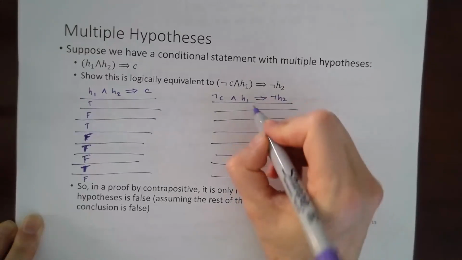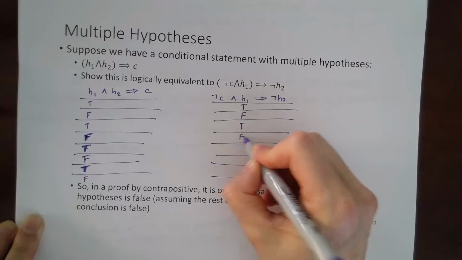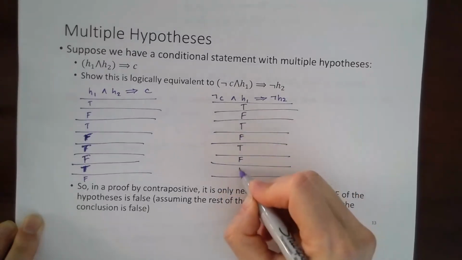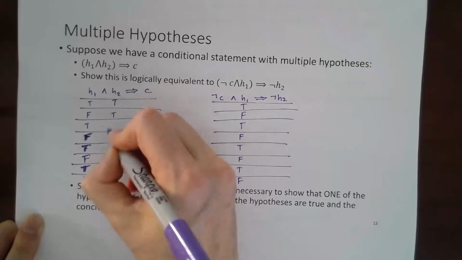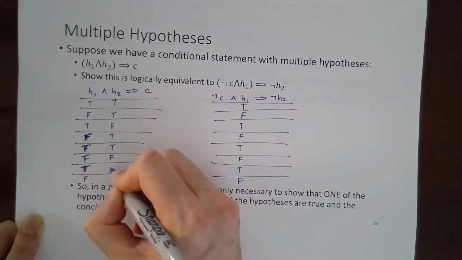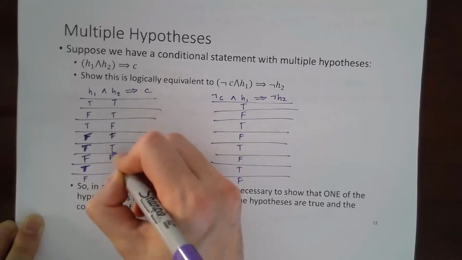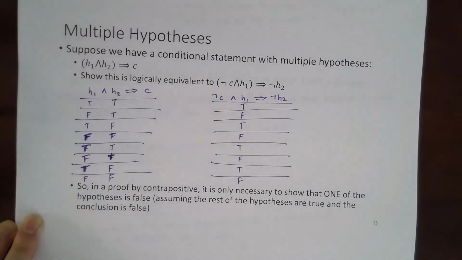So H1, we're just alternating true, false, true, false. And then H2, we'll let that be alternating 2. So that will be true, true, false, false, true, true, false, false. Sometimes my mouth goes faster than my pen, and then I start writing what my mouth is saying.